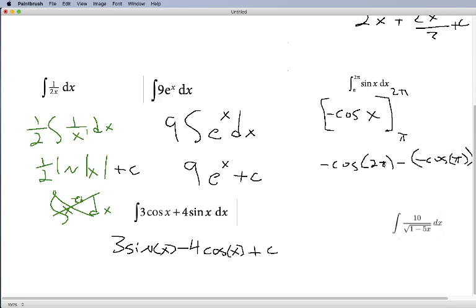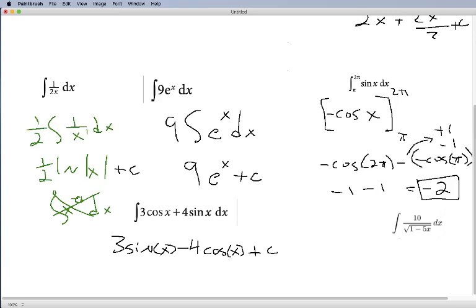And cos of 2 pi is 1, so you have a negative 1 here. And cos of pi is negative 1, but then you have a subtraction sign, so negative makes this positive. But then you have a negative kicking in here, so it makes another negative. So in the end, your answer is negative 2. That's what you have for this. Unit circle and making sure you don't mess up your signs. That's what this question was about.